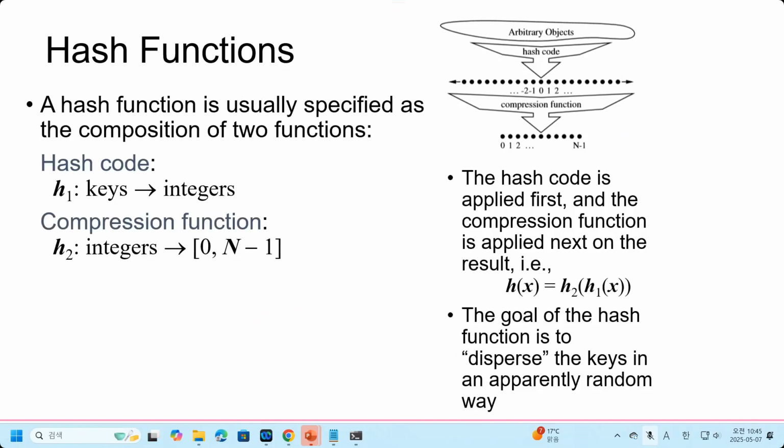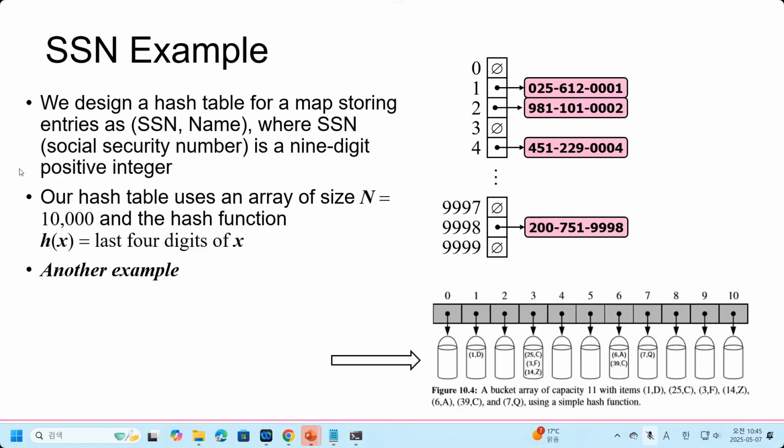So a hash function is usually specified as the composition of two functions. The first is we have the keys, and we want to convert them into integers. In the previous case, we already have the key as an integer.